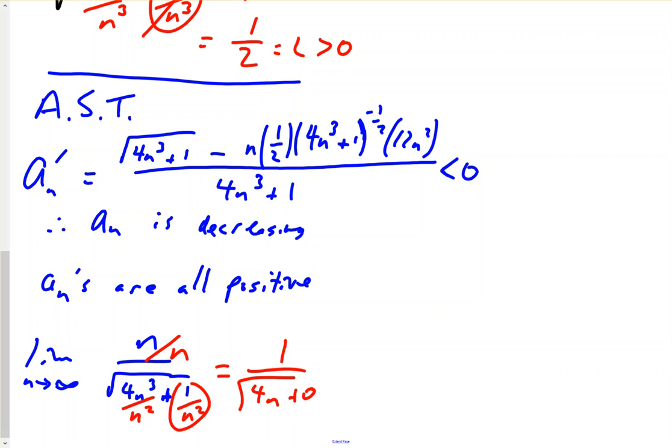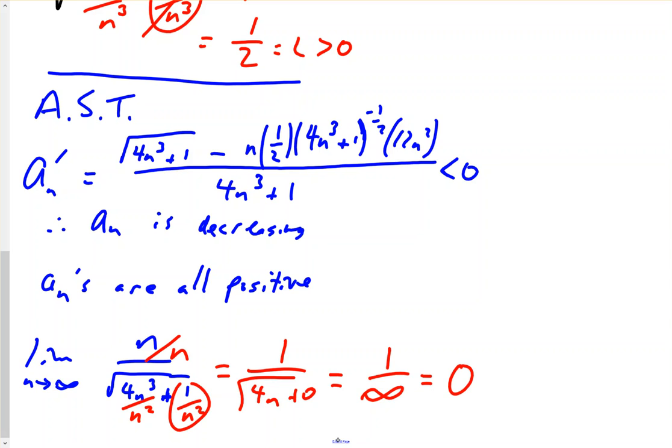Okay, so as n goes to infinity, the square root of 4 times infinity would be infinity. So I'd have 1 over infinity, which as we get larger and larger, we see that this is 0.